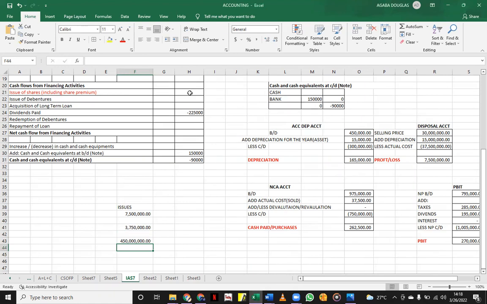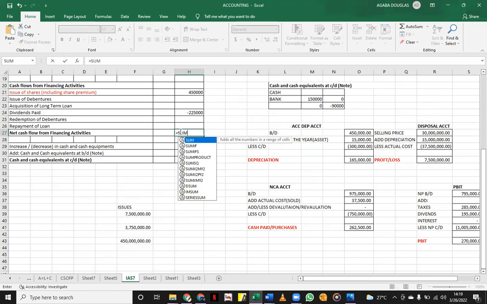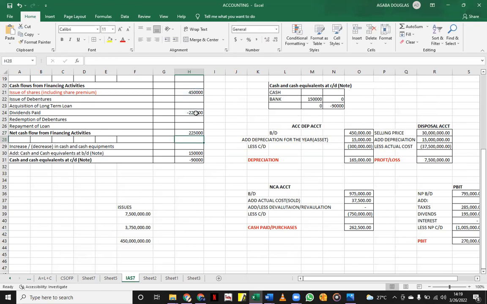So we put it as a cash inflow. And then probably we don't have any of this. So we'll say net cash flows, and then we'll simply say sum. We put the sum and then we will add this.